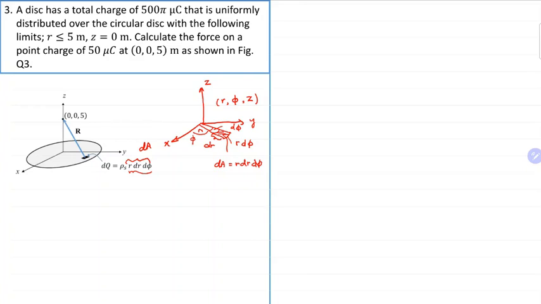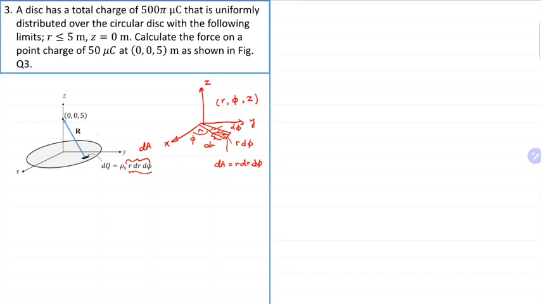Okay, so in this case, you're given the total charge is 500 pi microcoulombs, but you're not given the surface charge density. What you're given is that this charge is uniformly distributed over the disk.